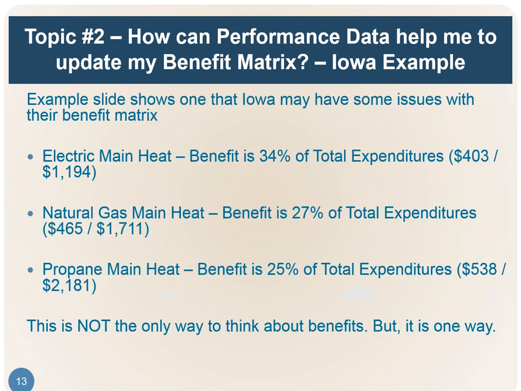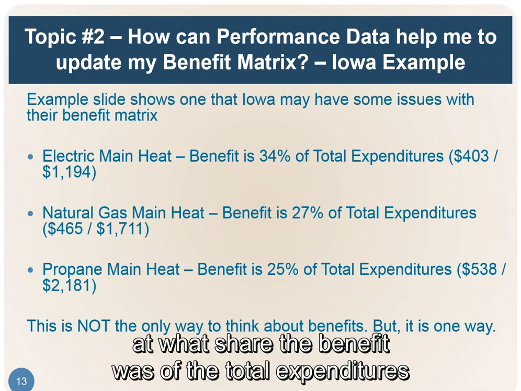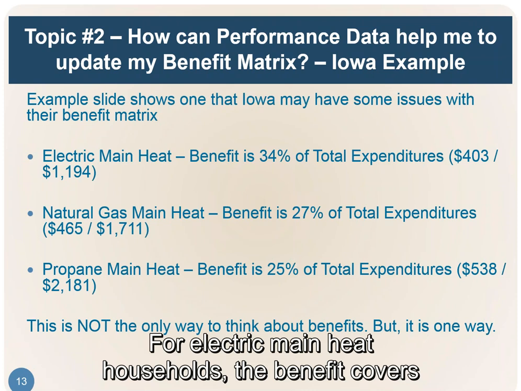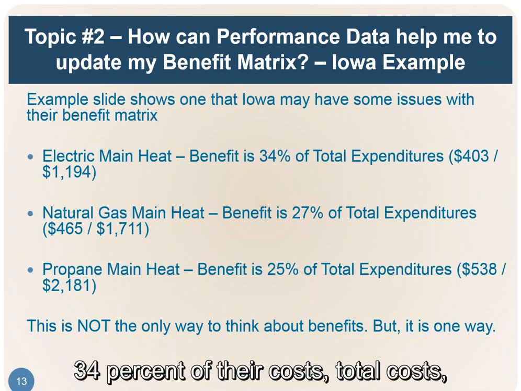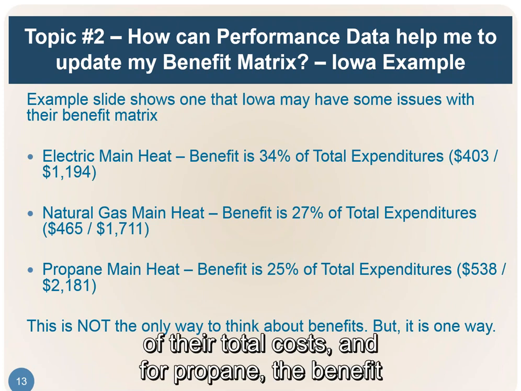Next slide, Michelle. And so the thing that we looked at is we just looked at what share the benefit was of the total expenditures for that household. For electric main heat households, the benefit covers 34% of their total costs. For natural gas, the benefit covered 27% of their total costs.